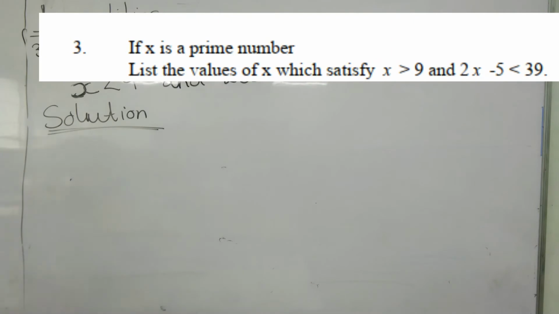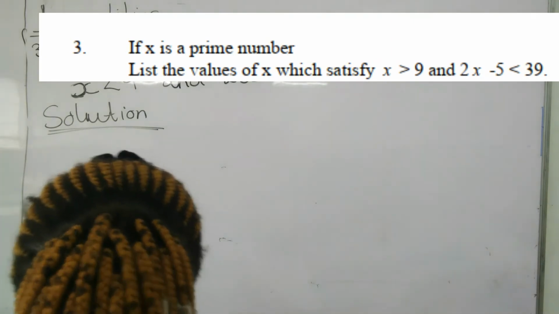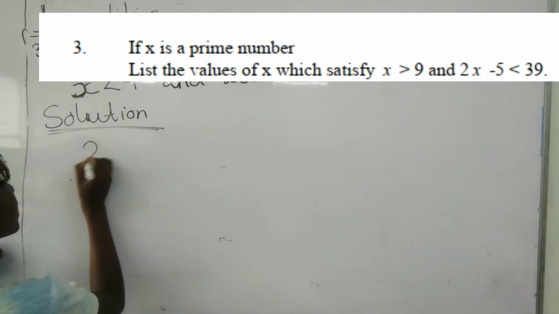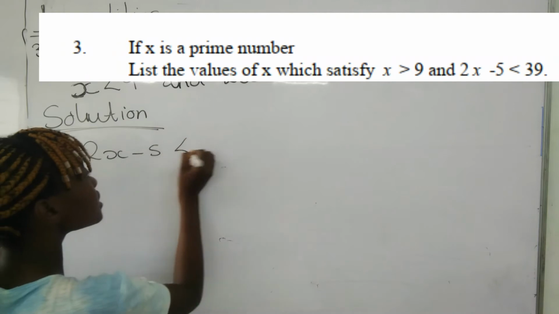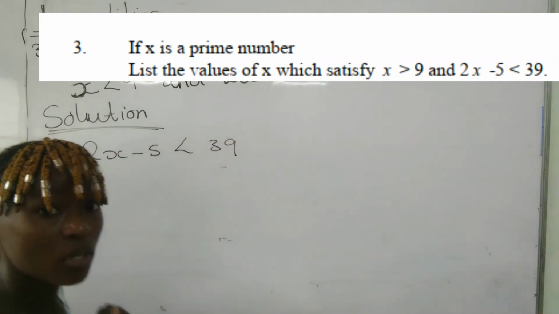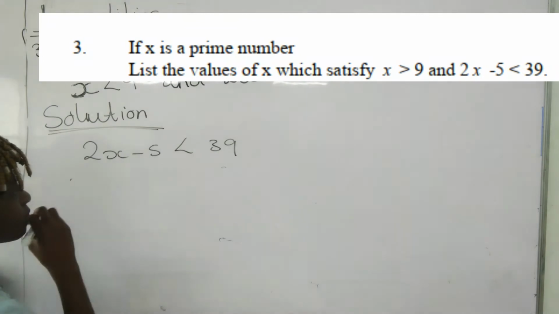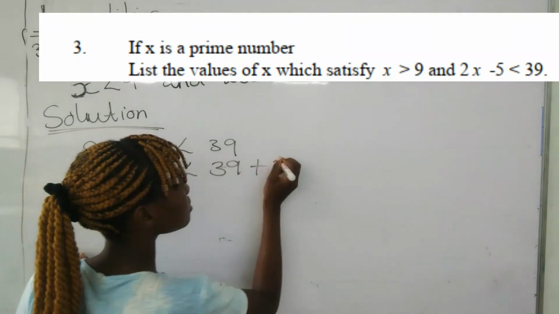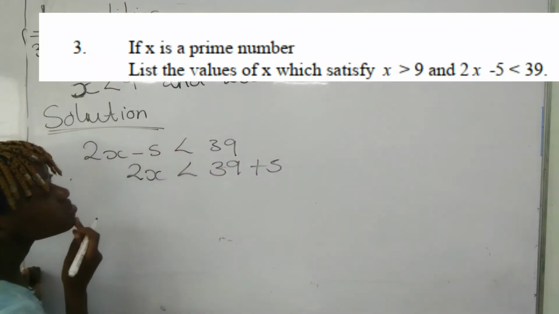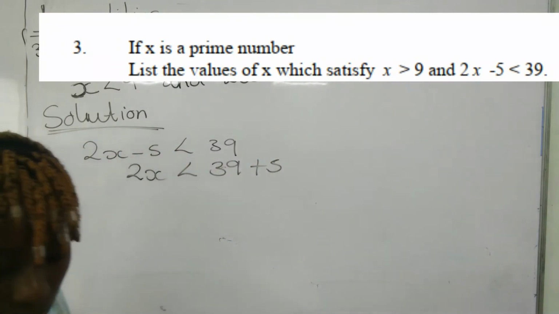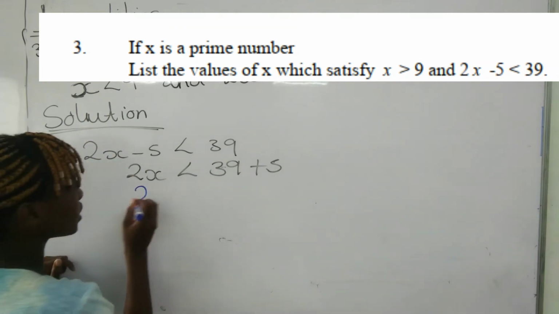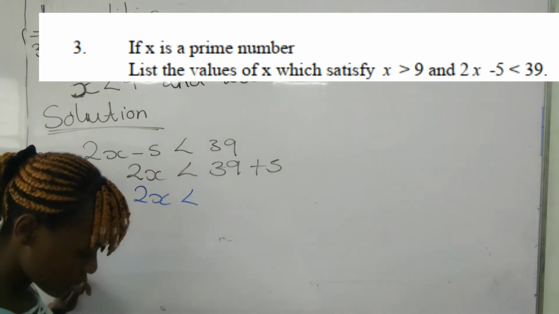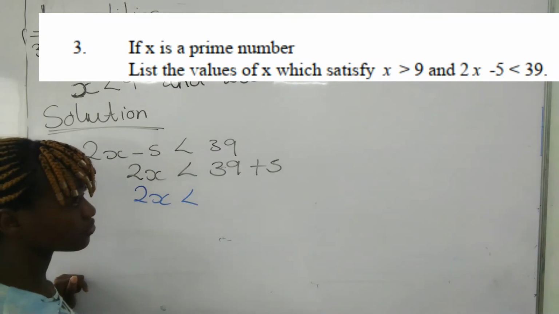First solution. We simplify the first part: 2x minus 5 less than 39. If I simplify this part, it's going to be 2x less than 39 plus 5, we change sides, it will change sign again. So 2x less than 39 plus 5, that would give me 44, right?